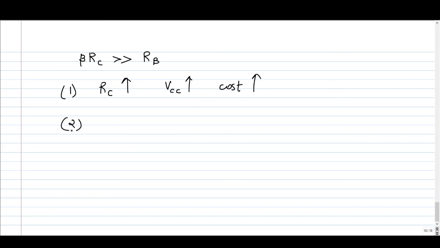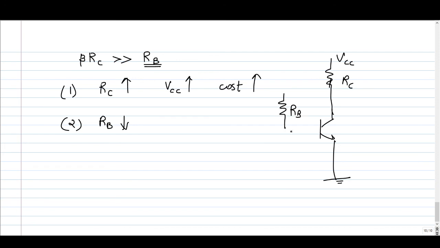Now another possibility is I can reduce RB to satisfy this relation. If I reduce RB, then also this will be satisfied. So if I reduce RB, what happens? Let us redraw the diagram here. So if you observe the diagram, you can see that RB is connected between collector and base.